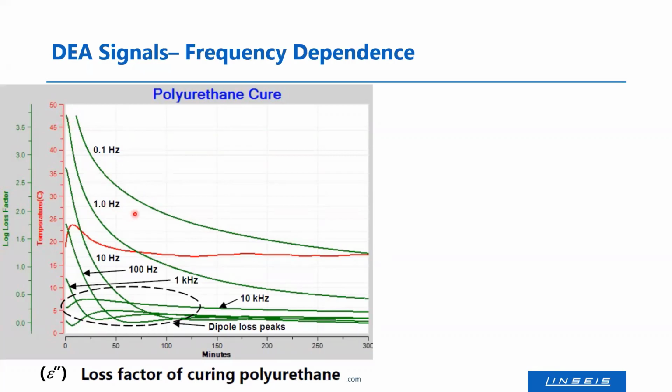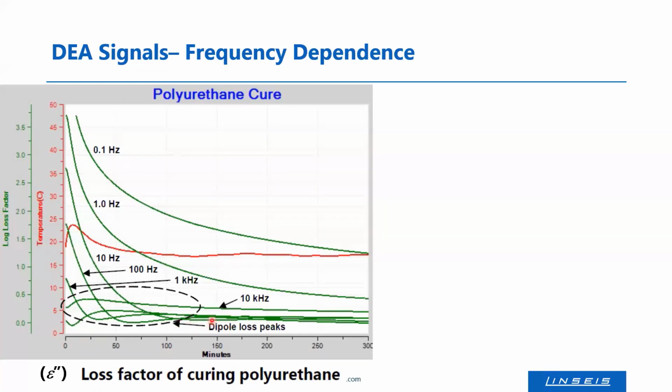The 1.0 Hertz also, maybe the 10 Hertz up to here somewhere, but here it goes into a plateau, which indicates that this frequency at higher curing stages is already too fast. It's too fast for the ions at a certain point.